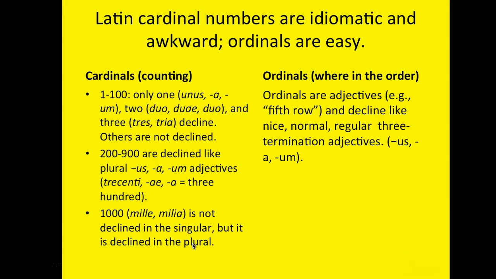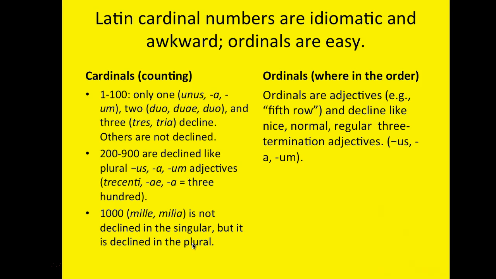And what I mean by this is that 1, 2, and 3 decline. They have different declensions assigned to them. Unus, una, unum works like one of those unus nauta adjectives that we did when we first did demonstratives.